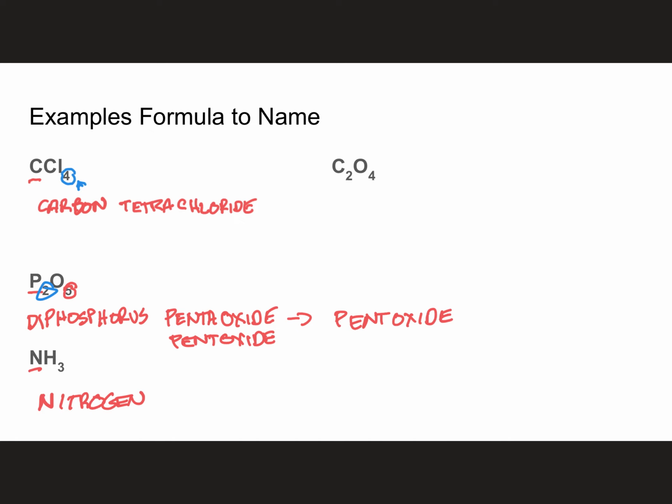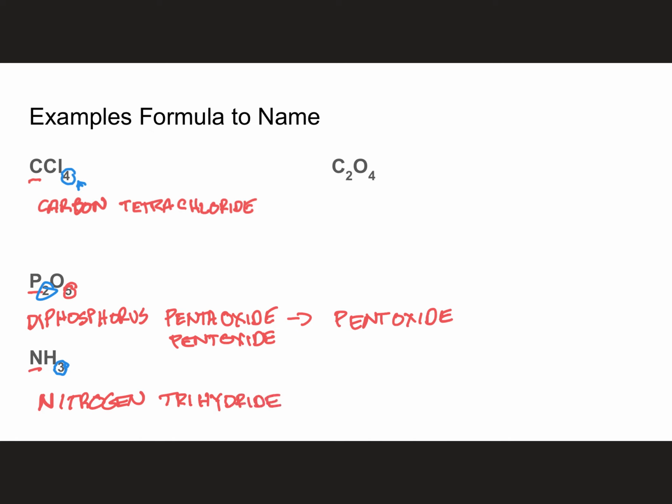We look at the subscript for the second element, which is a 3, and that translates to tri. So we put the word tri first. Then we go to the element, which is hydrogen, and that translates into hydride.